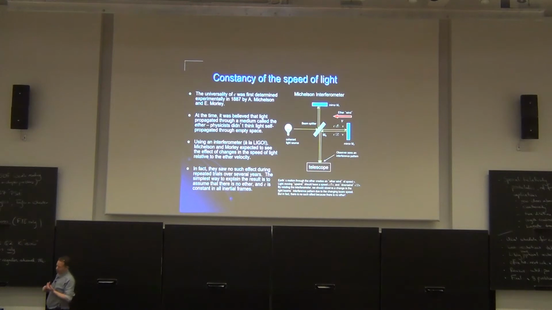What's an interferometer? It's basically a device that takes a light beam and divides it into two different beams. In this cartoon on the right-hand side, that splitting is performed by that gray diagonal object, which is a half-silvered mirror. That means part of the light gets reflected, part of it gets transmitted. So it goes in two different directions at right angles.